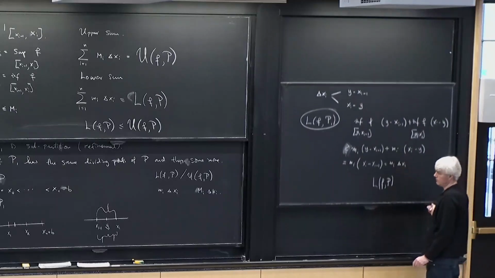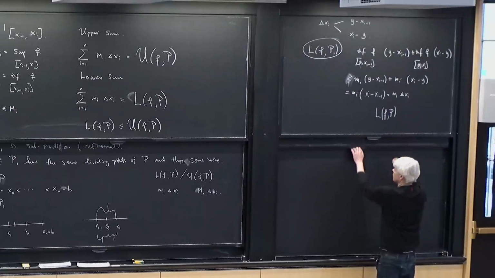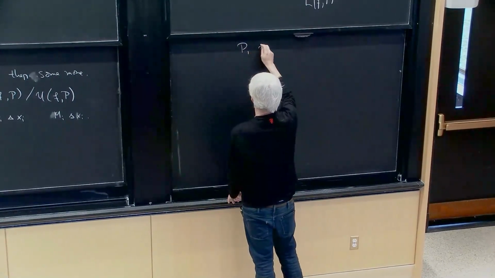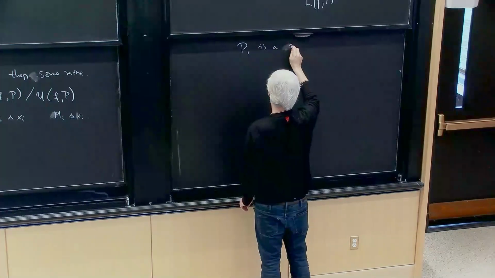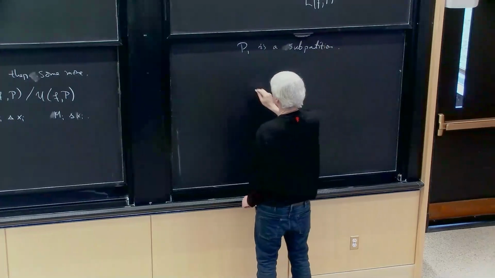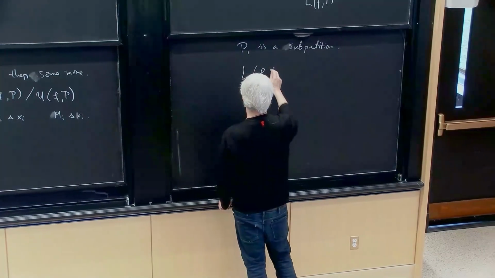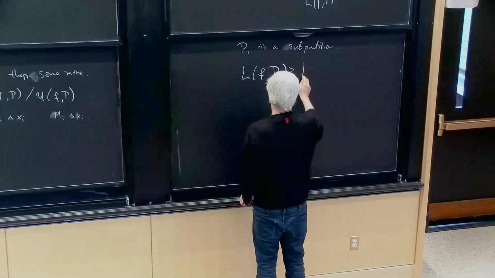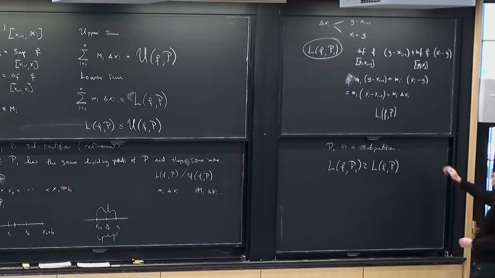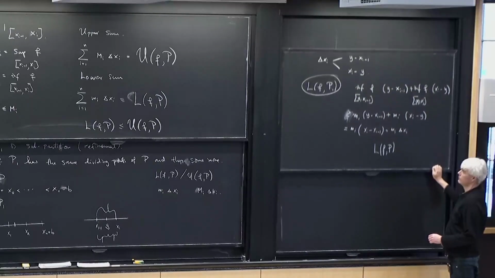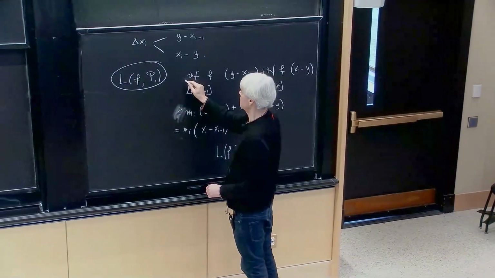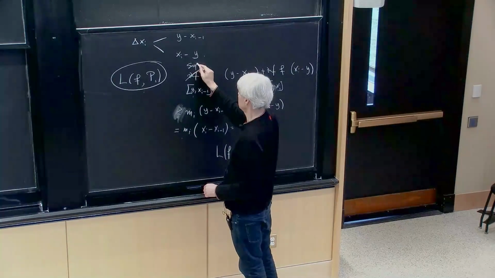And so when you're summing over all intervals, if P1 is a refinement or subpartition, then the lower sum goes up. If you do the same for the upper sum, then instead of being inf, it would have to be the sup.